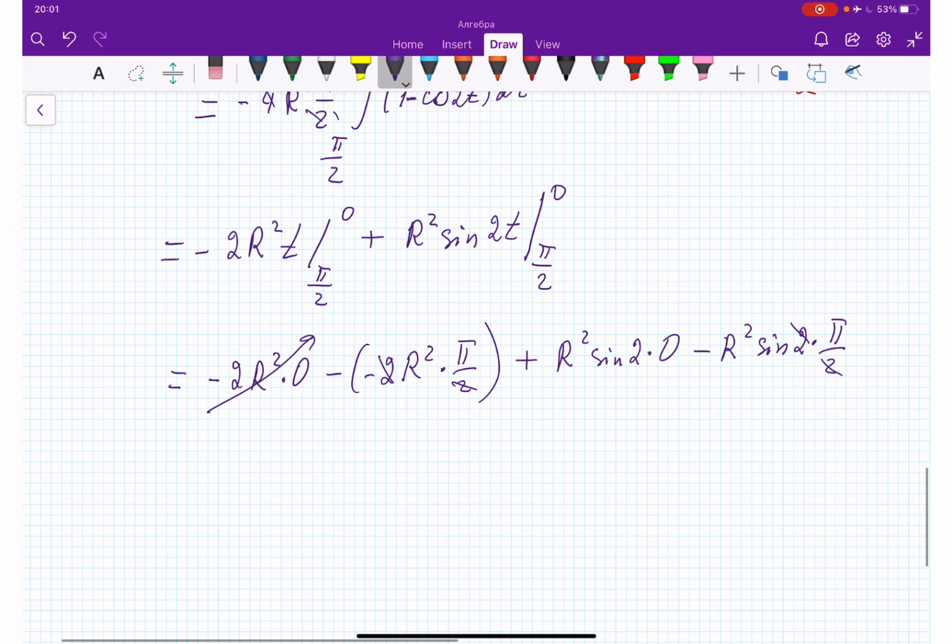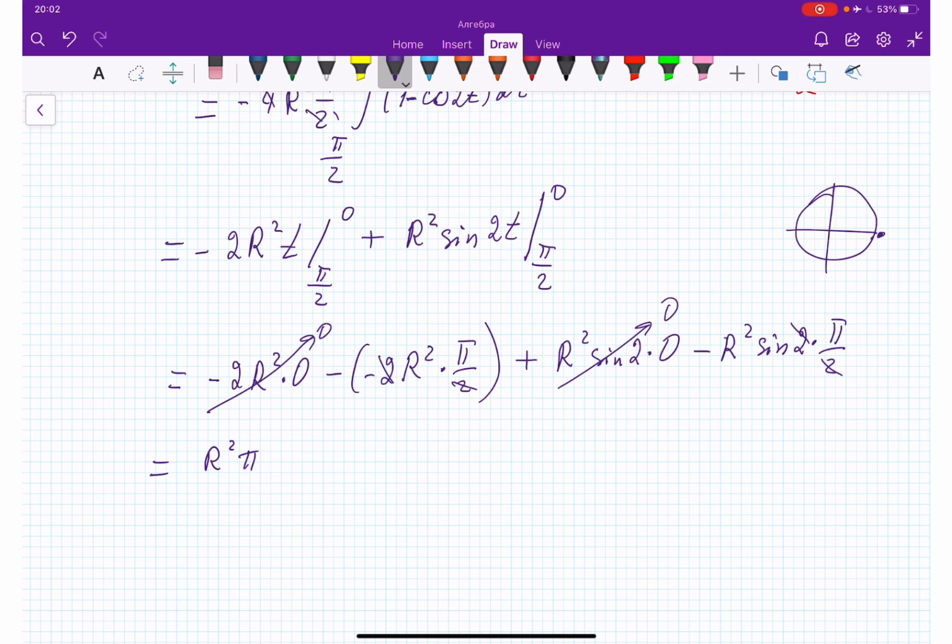So what do we have here? This one is 0 right away. Here we have positive r squared pi. Sine 0 is equal to 0, so this one also becomes 0, right?